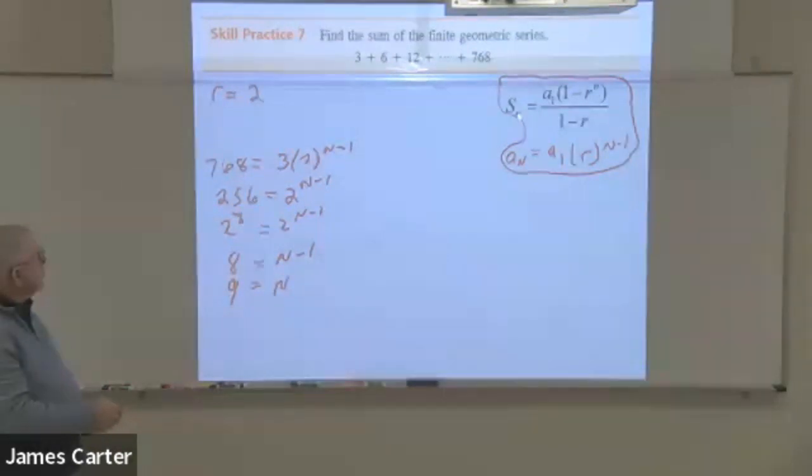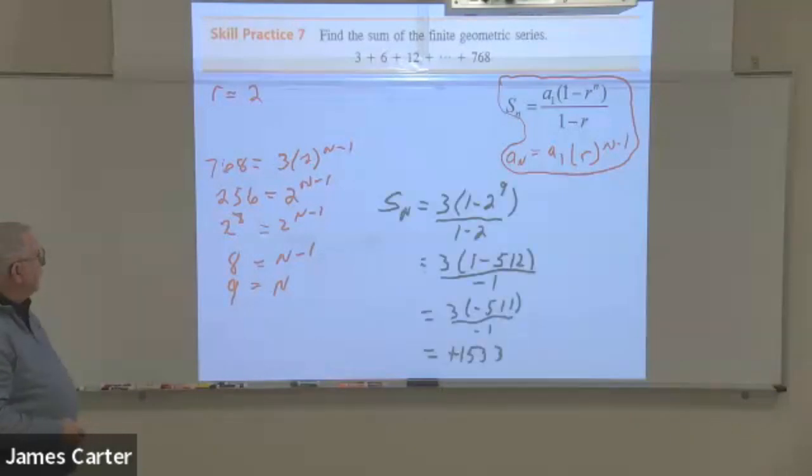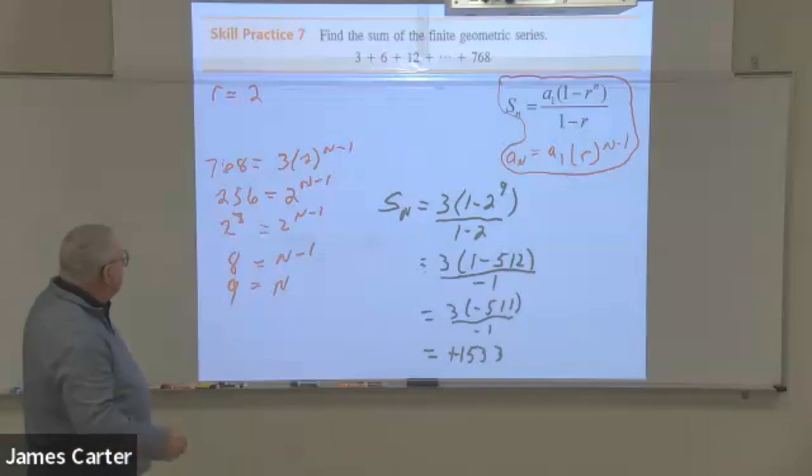Now we can use the sum formula for geometric series. And here it is: first term, times 1 minus r to the nth power, 9 in this case, as we've calculated, over 1 minus r.